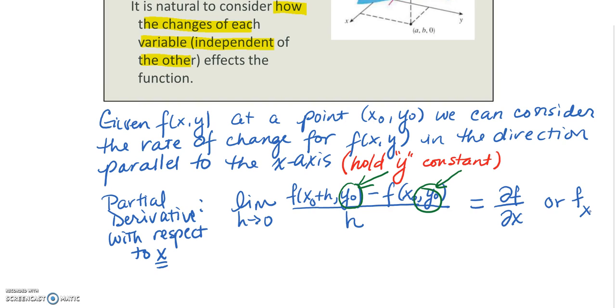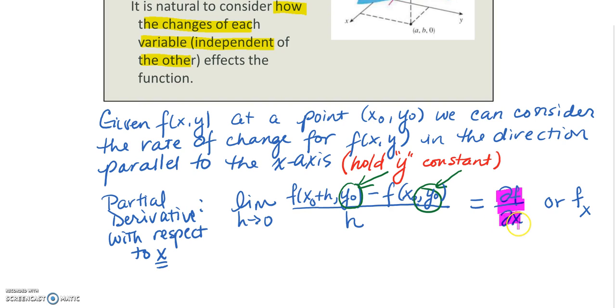That's another way to indicate a partial derivative. These are similar to what you saw back in Calc 1, where you had df dx and f prime of x. Now keep in mind that this partial symbol is very different than df dx.